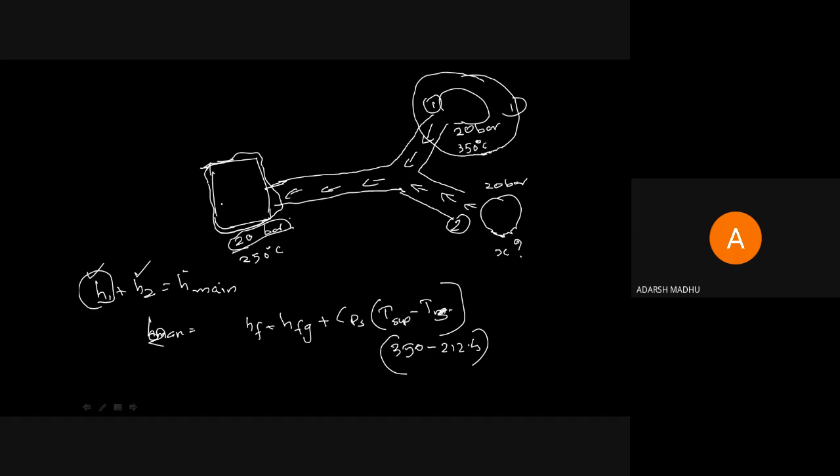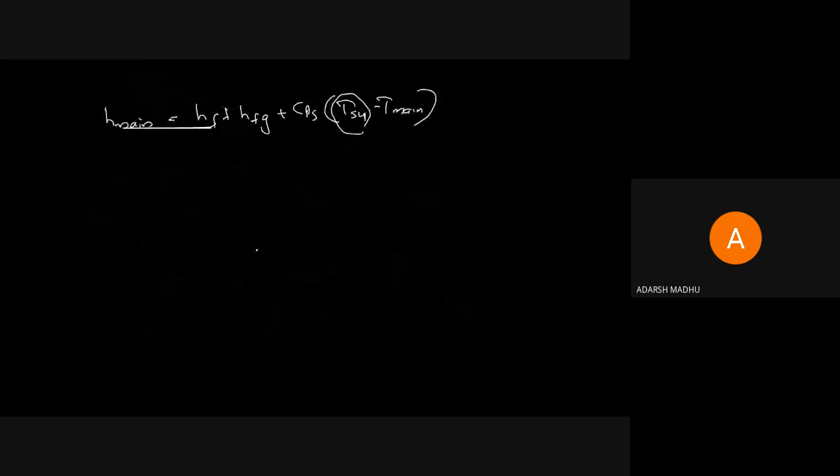If you are considering main ആണ് എടുക്കുന്നതെങ്കിൽ അവിടെ നമ്മൾ 350 minus അല്ല 250 minus ആണ്, because the superheated temperature in the main is 250 degrees Celsius. 250 minus 212.4. അത് മാത്രമല്ല വേറൊന്നും കൂടി ഉണ്ട്.